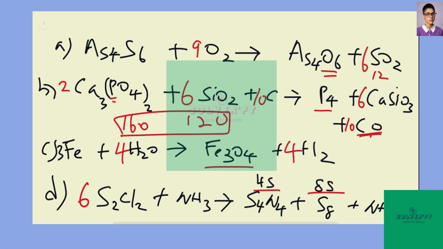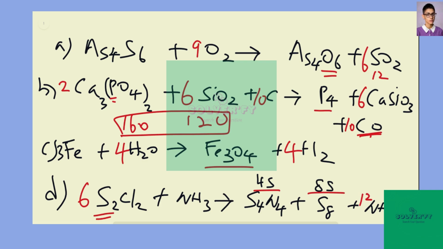Okay, so we have sulfur balanced already, so the next one will be our chlorine. Because we have 6S2Cl2, we are going to have 6 times 2, 12 chlorine. So we have to put a 12 in front of ammonium chloride.